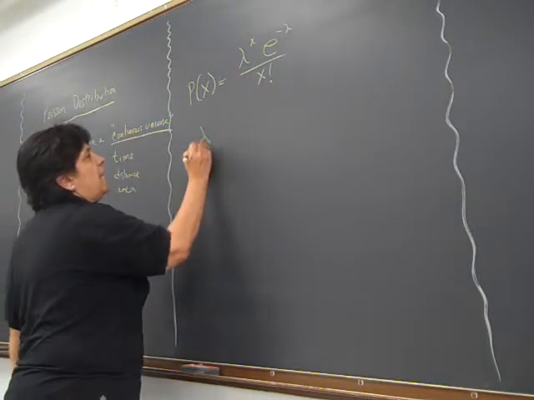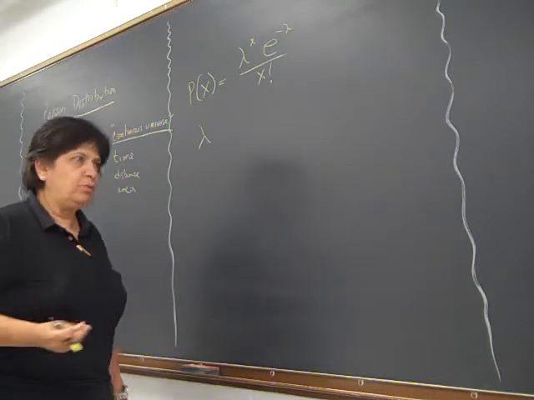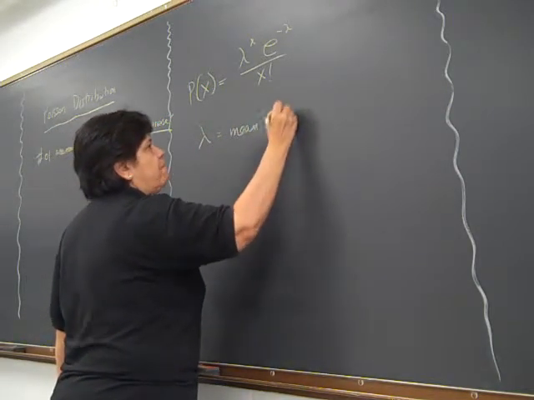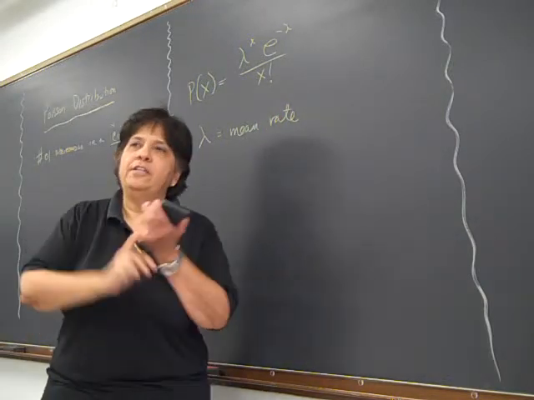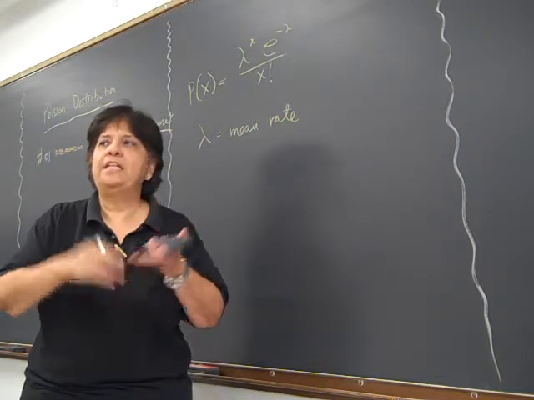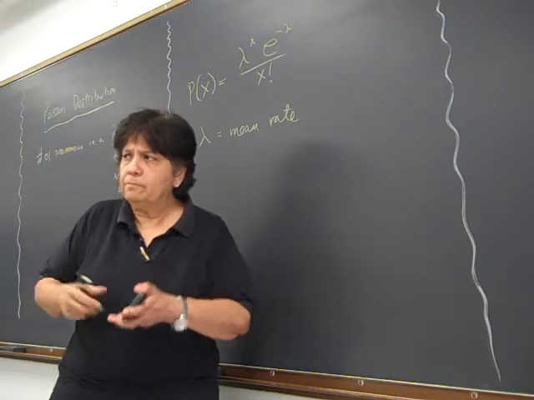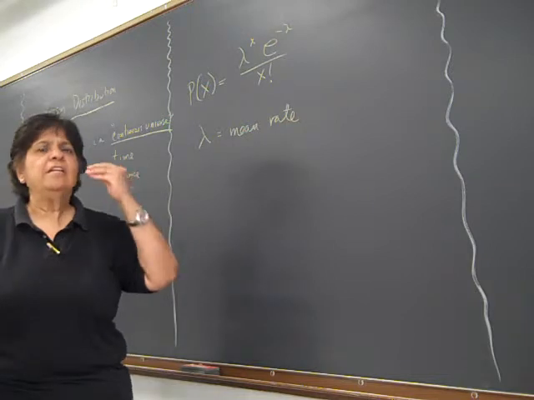Okay, what is lambda? Lambda is the only parameter for the Poisson distribution, and it's the mean rate. Like in the binomial, we have two parameters: the number of trials and p, the probability of success in each one of the trials. In the Poisson distribution, we just have lambda.